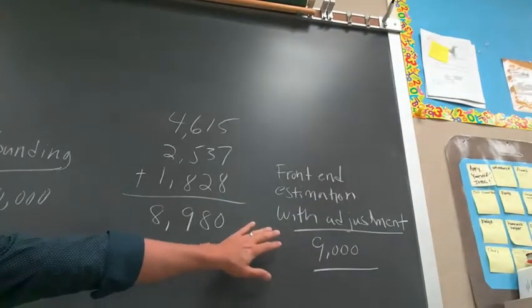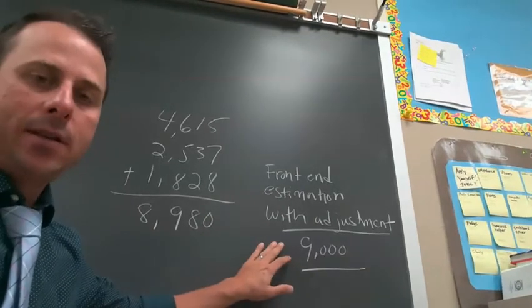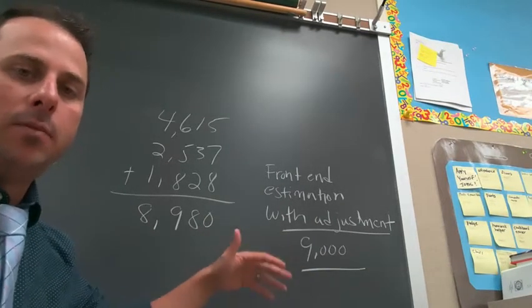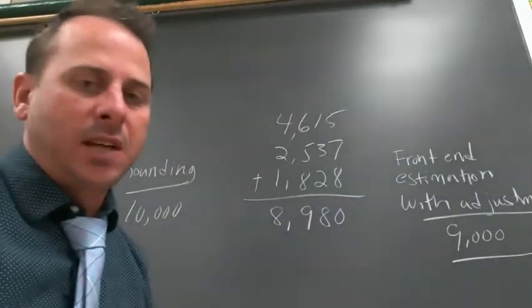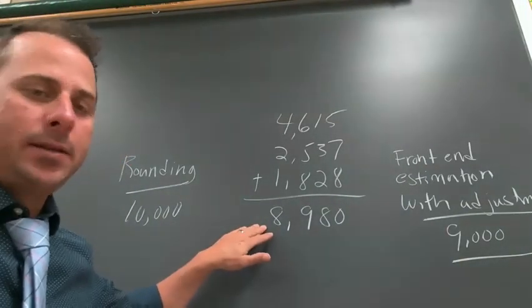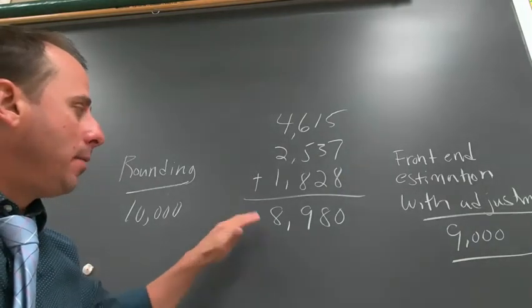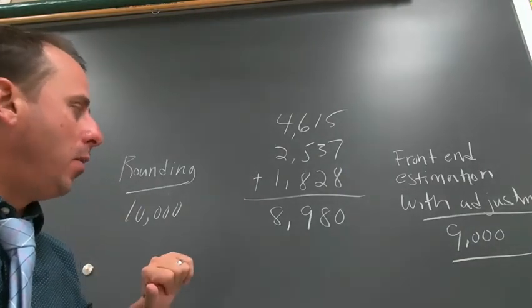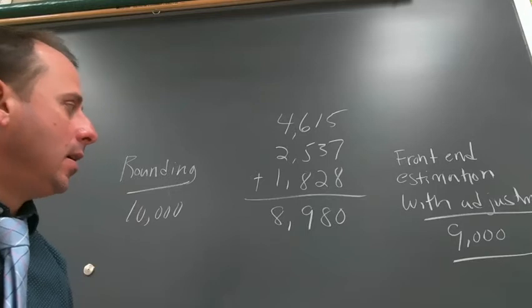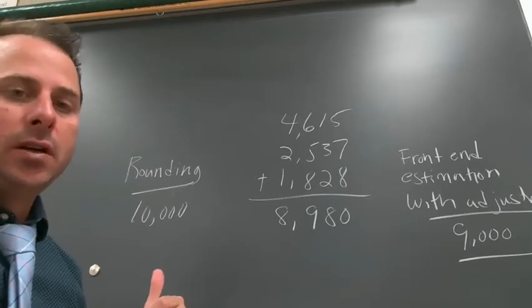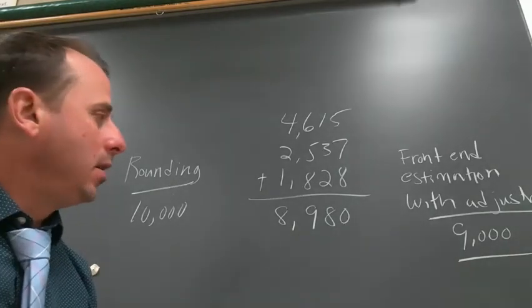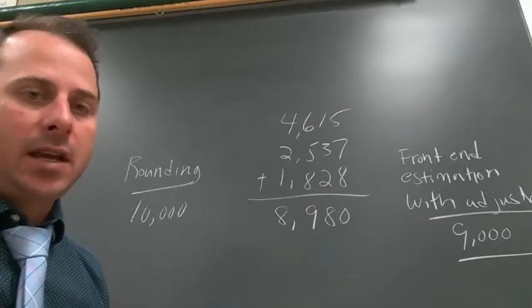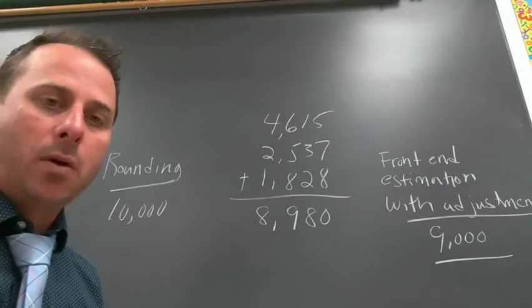Our front-end estimation result came out to 9,000. It's a little bit more complex, but we'll see which one was more precise. If you look at the actual answer, when you add it up, the sum was 8,980. So which is closest to the actual answer, the rounding or the front-end estimation? Well, you can see clearly in this case, the front-end estimation was a little bit more precise.